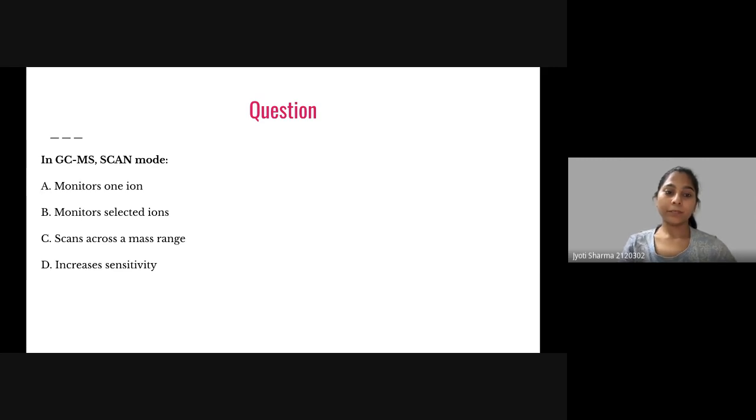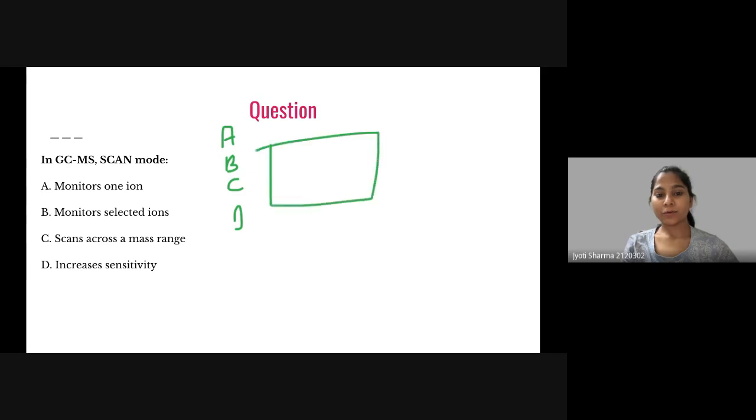So, for example, you have chemical A, B, C, D, and you have this gas chromatography. And this gas chromatography is giving chemicals, first it is giving A, second it is giving B, and then it is giving C. And each one will be ionized, right? Each one will be converted into ions.